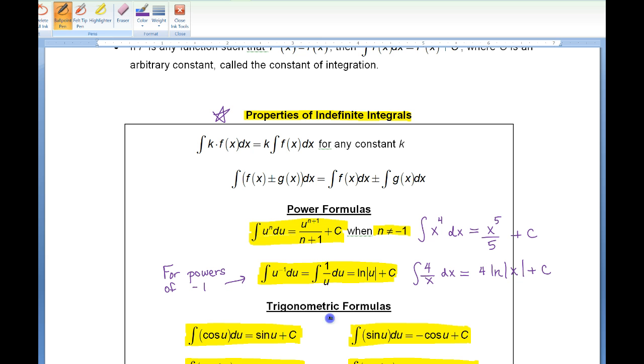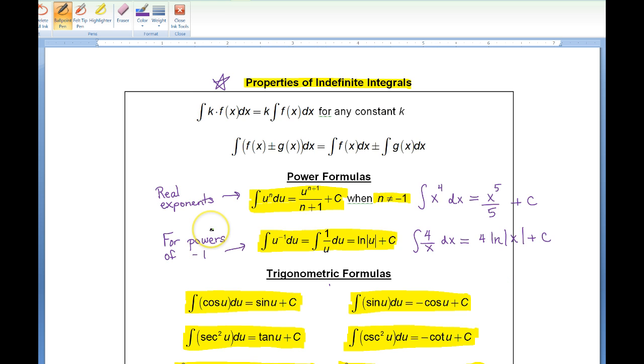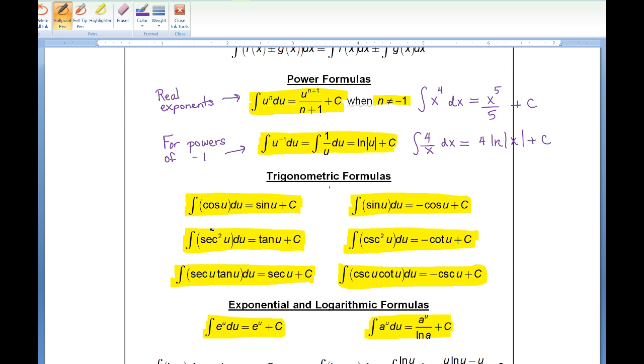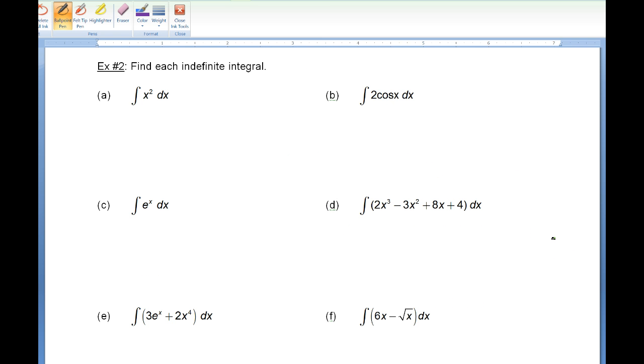This is for real exponents, whereas the one down here is for variables in the exponent. Does that make sense now? The difference? Okay.